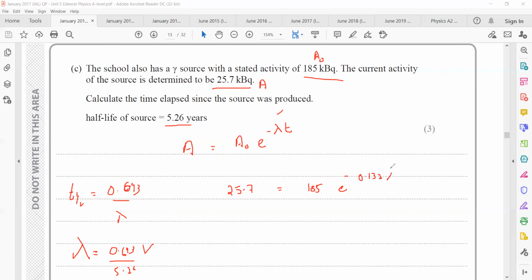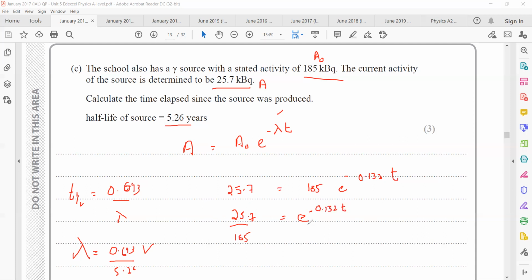So lambda is 0.132, and we want to find the time elapsed since the source was produced with the original activity of 185. So 185 is multiplied, on the other side divide: 25.7 divided by 185 is equal to e raised to the power minus 0.132 t.